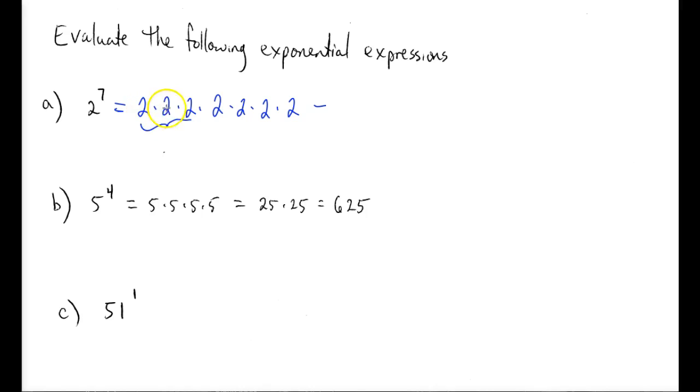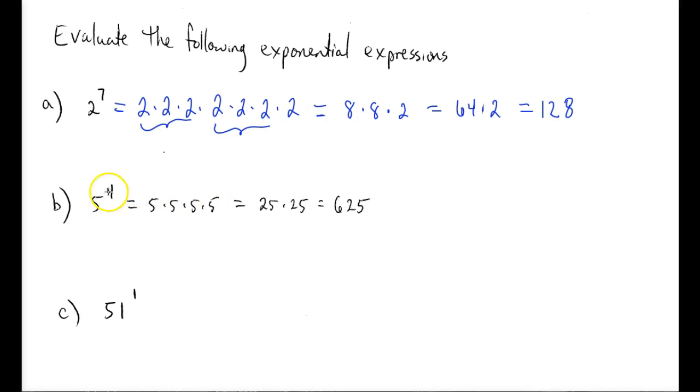I know 2 times 2 times 2 is going to be 8, because 2 times 2 is 4, 4 times 2 is 8. And I have another group of that as well. So we can rewrite this as 8 times 8 times 2. And of course, 8 times 8 is 64. And 64 times 2 is 128.